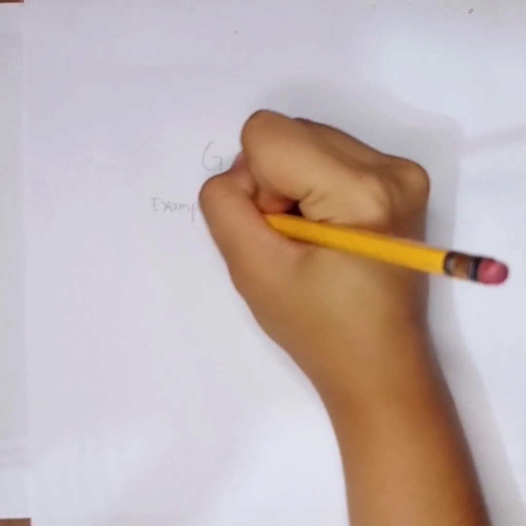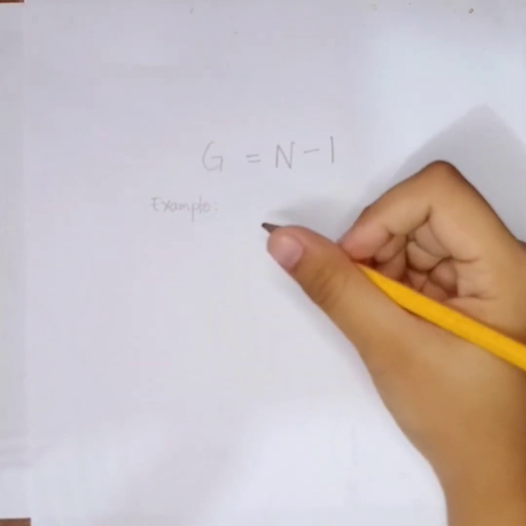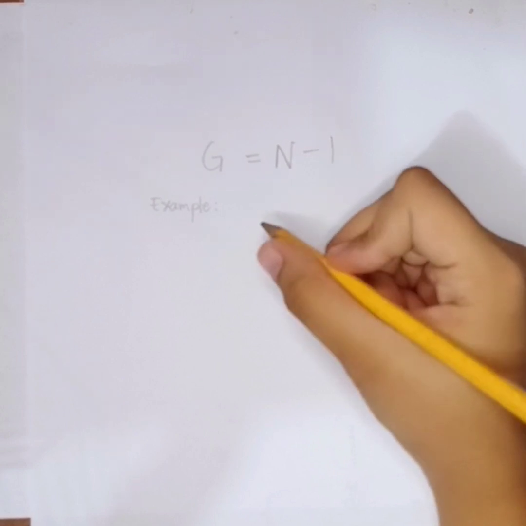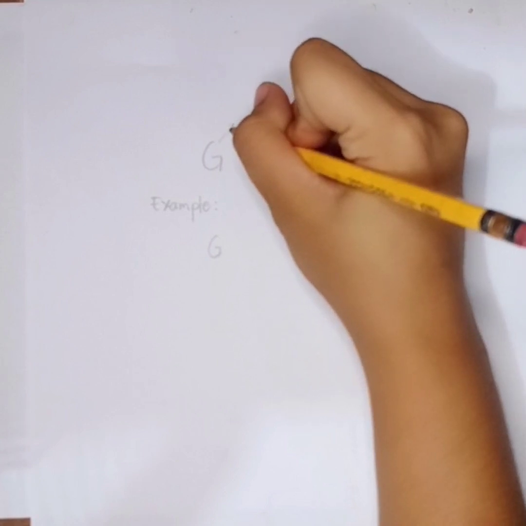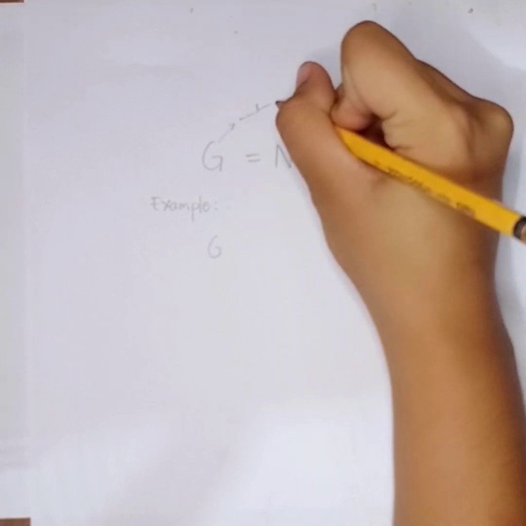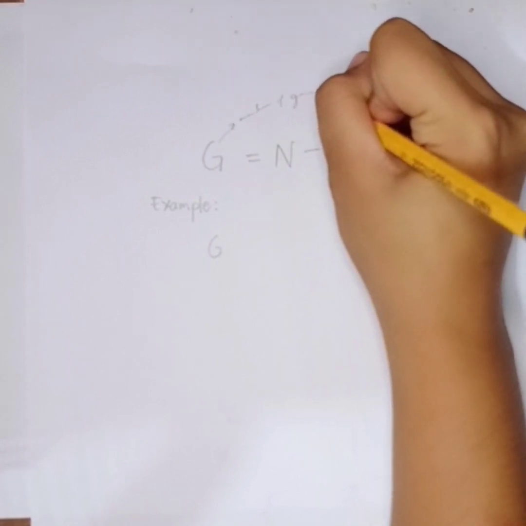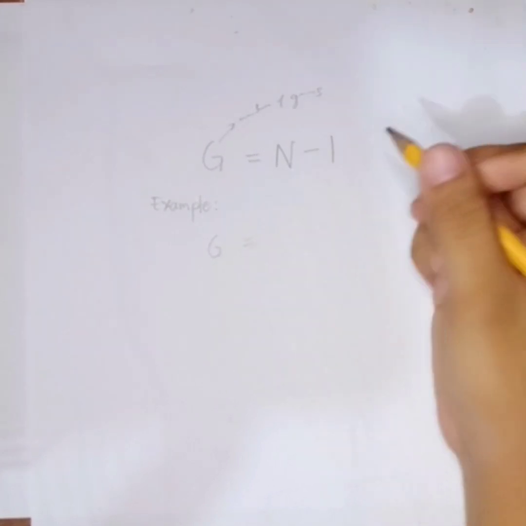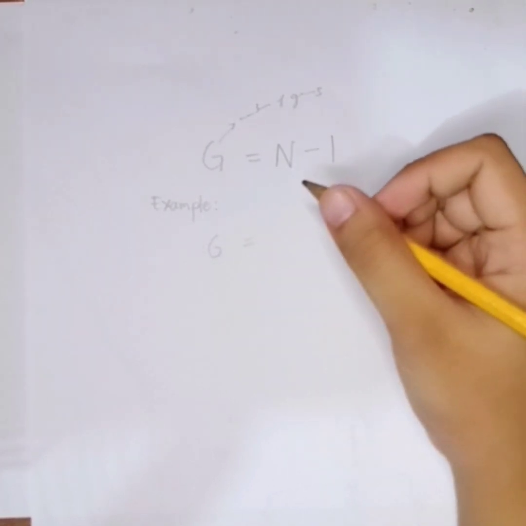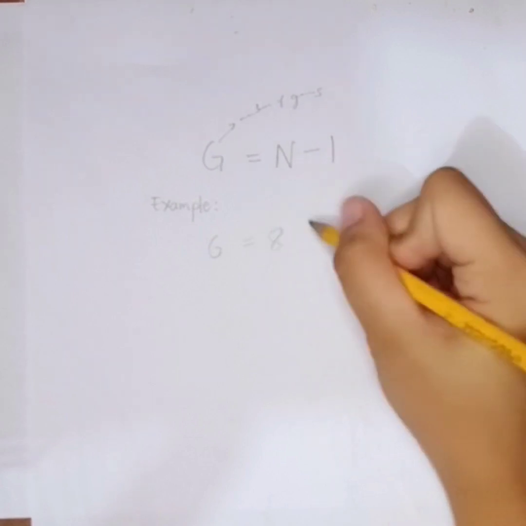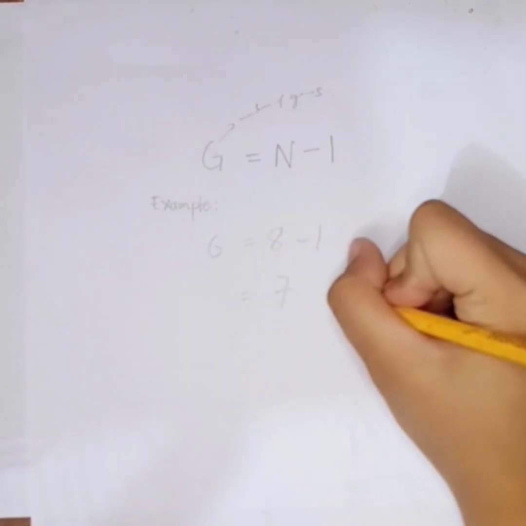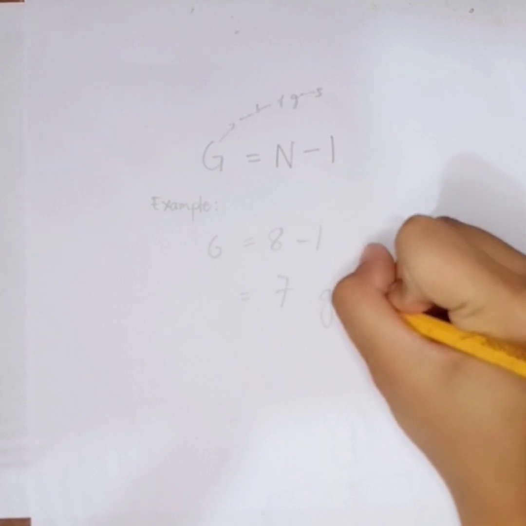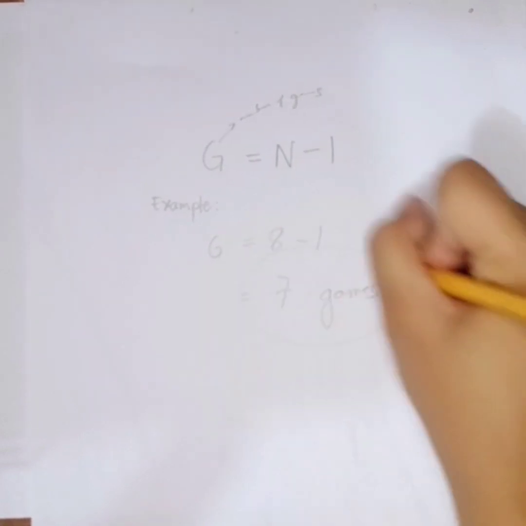For example, our G is the total number of games. We are going to have 8 teams. Okay, 8 minus 1 is equal to 7. Okay, we have 7 games.